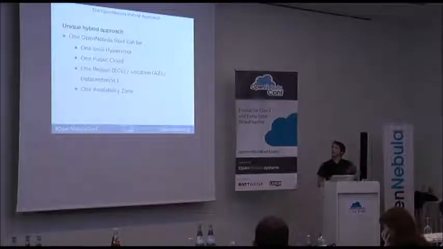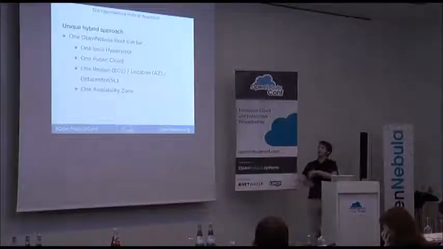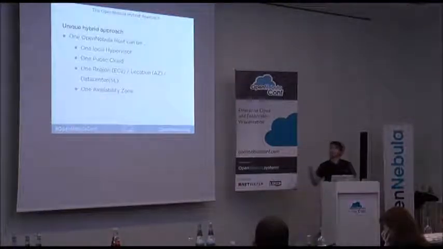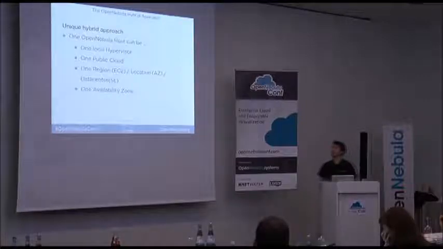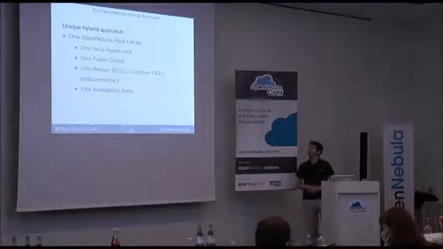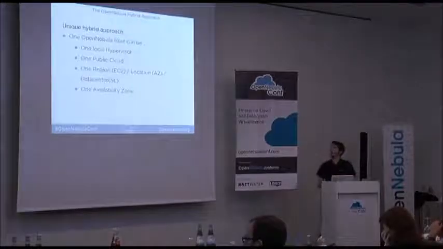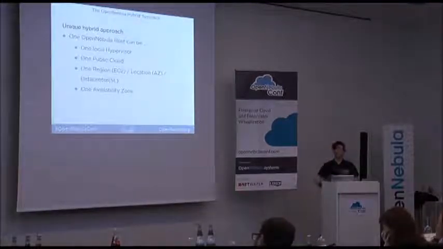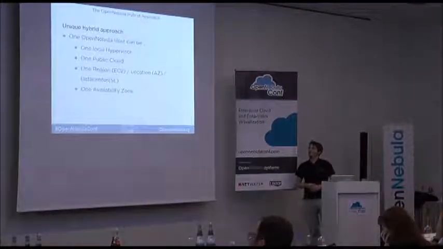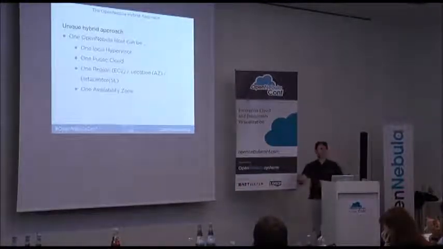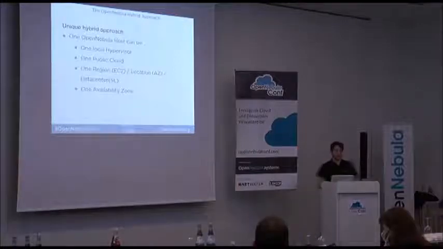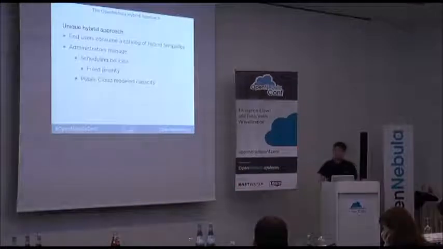But you can partition it by representing a specific region in EC2, or a location in Azure, or a data center in SoftLayer, which are basically different ways these public cloud providers define geographical regions, right? And you can partition it further by representing just a specific availability zone, for instance, in Amazon EC2.